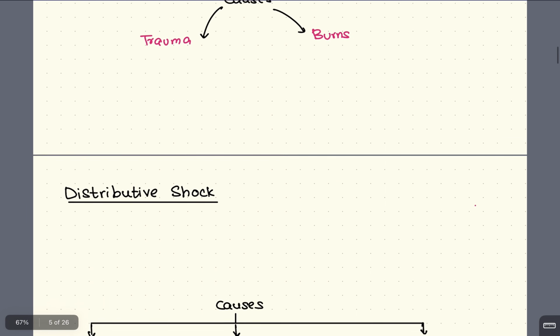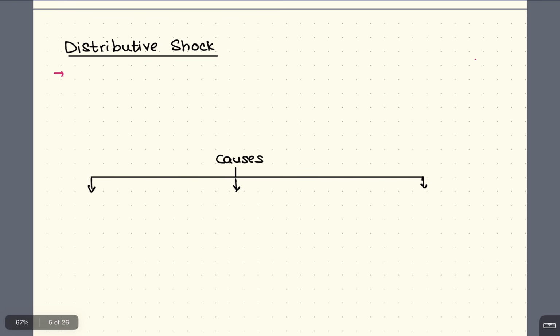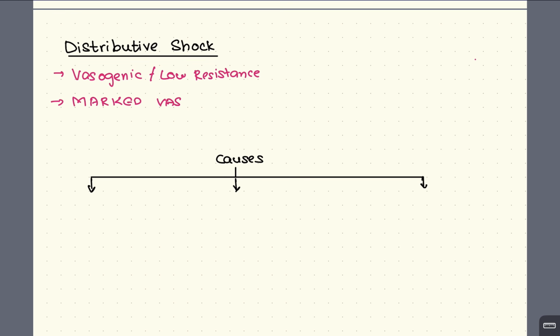It can be inferred from the name itself. Next, let's go to distributive shock. Distributive shock is also called vasogenic or low resistance shock. Vasogenic means something related to the blood vessels. So there is marked vasodilation, but here the blood volume is normal.